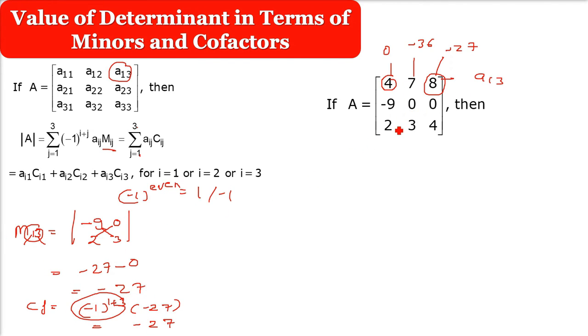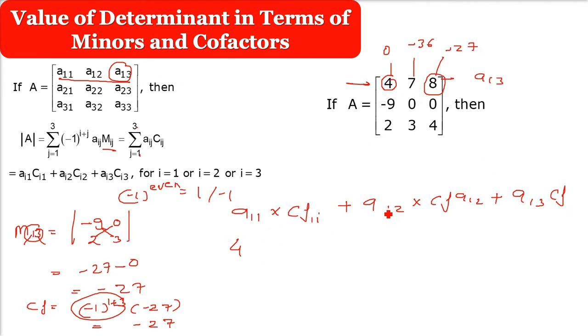Now I'm going to expand it. So first row, I'm going to take A11, A12, A13. Please remember this also: A11 into the cofactor of 11, then A12 into the cofactor of A12, and A13 multiplied by the cofactor of A13.